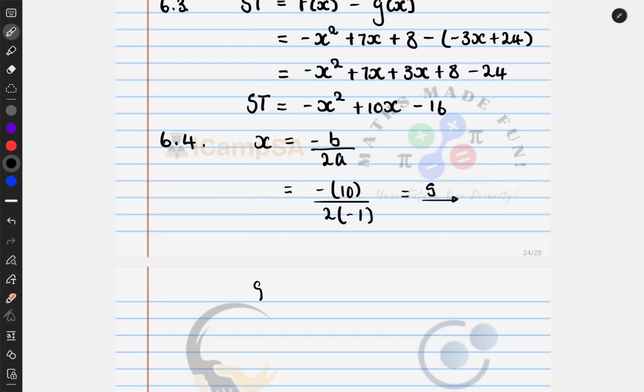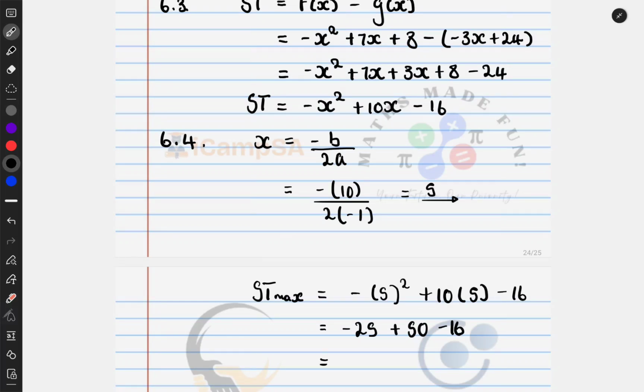So we'll say ST max is equal to minus 5 squared plus 10 times 5 minus 16. So we will have minus 25 plus 50 minus 16.